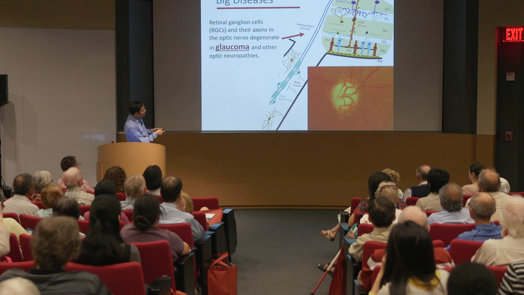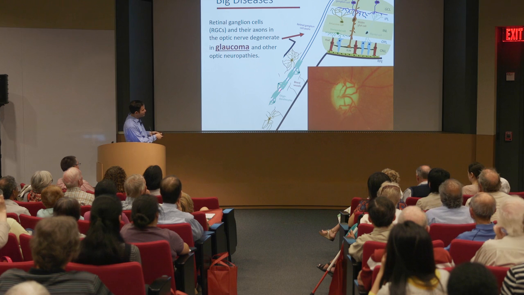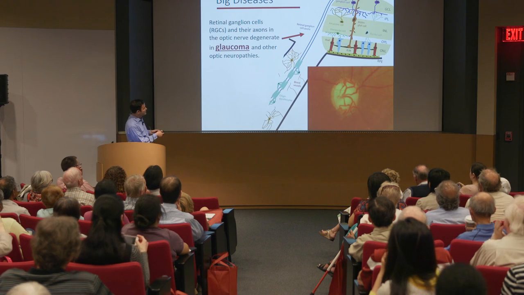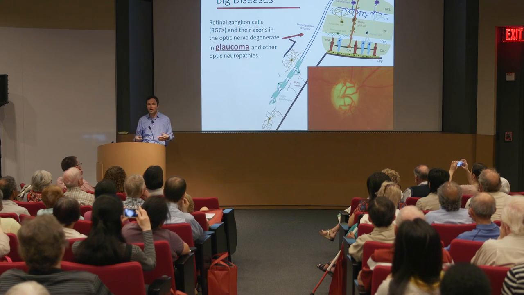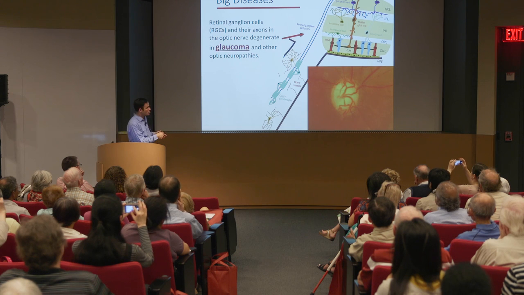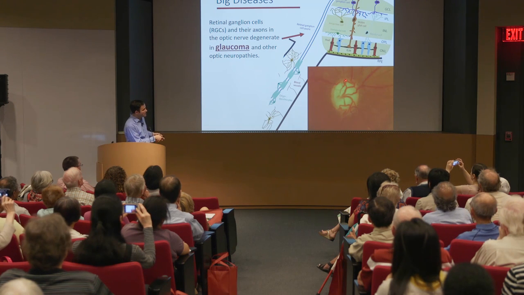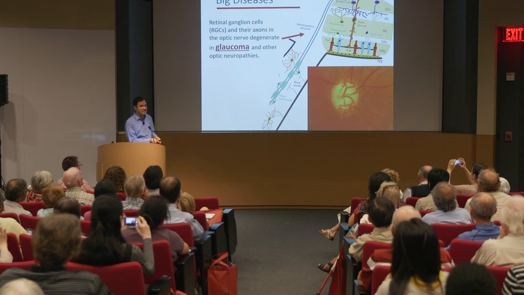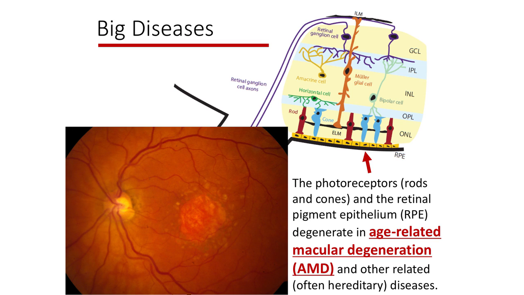On the other end, the retinal ganglion cells and their fibers carrying information down the optic nerve, they degenerate in glaucoma, another exceedingly common cause of vision loss. And when we look into your eye, we can actually see the optic nerve when we're screening inside the eye and see whether it looks like glaucoma and pick that up.